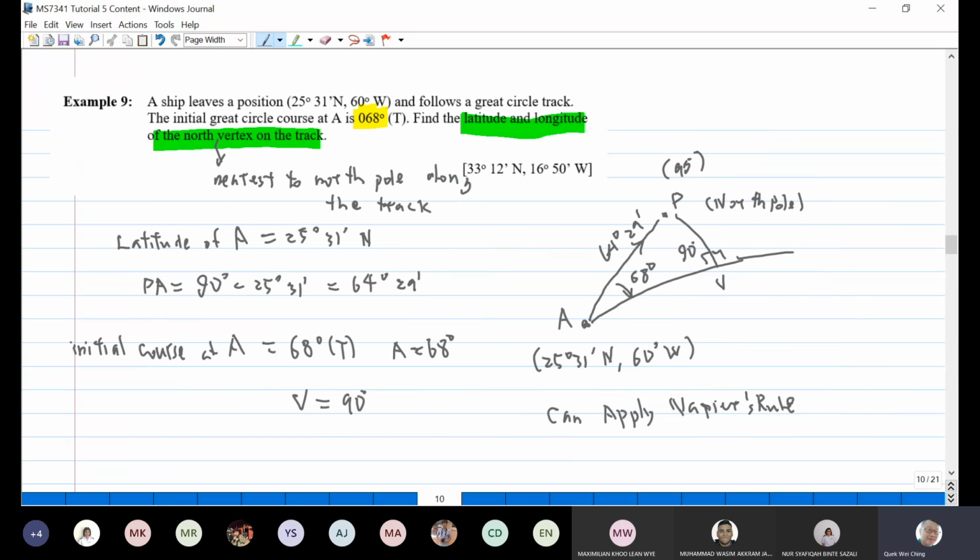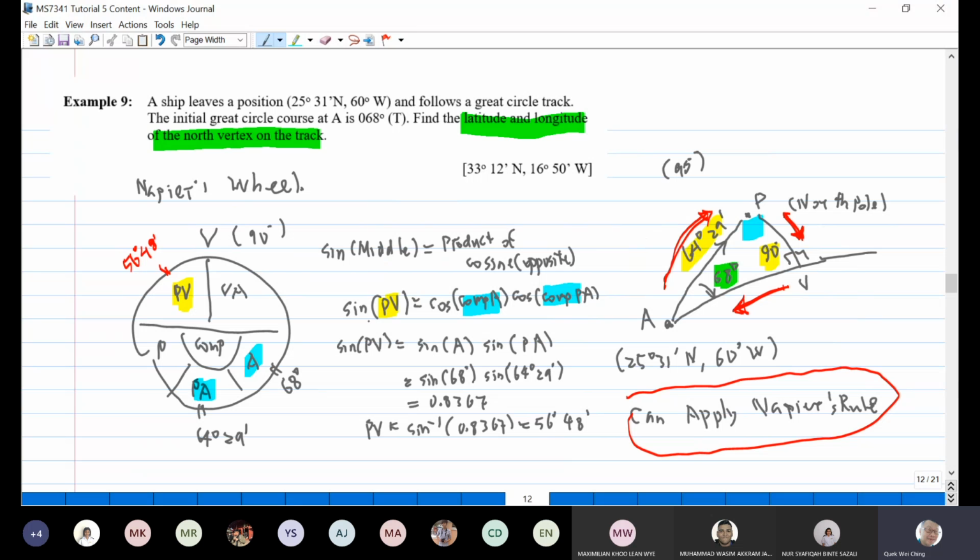Okay, that is the initial course, which direction I move from the North Pole. AP is the direction to the North Pole. Then because I want to find that vertex, you use 90 degree to find the distance. So this time we use a Napier wheel.